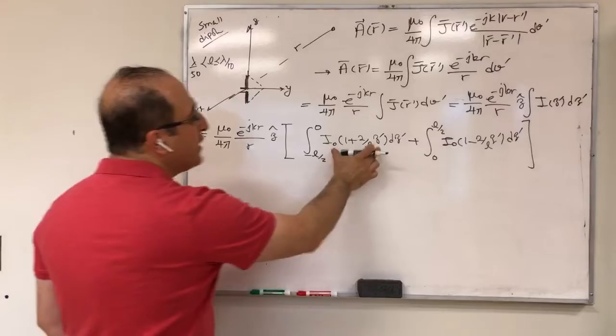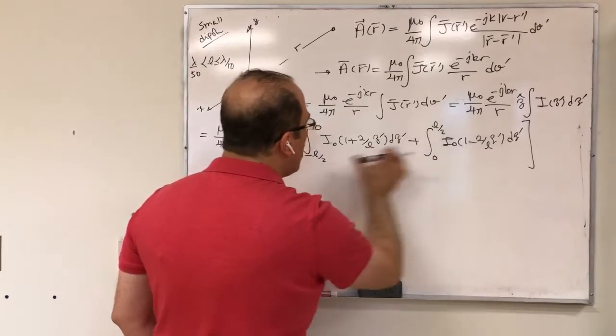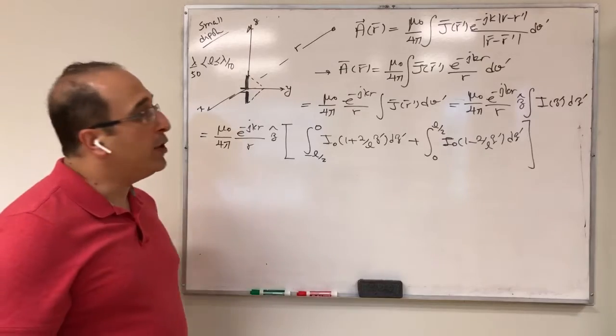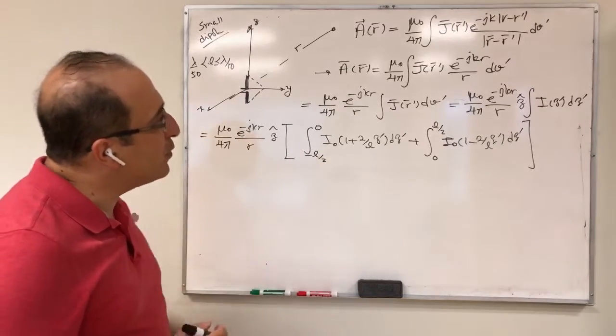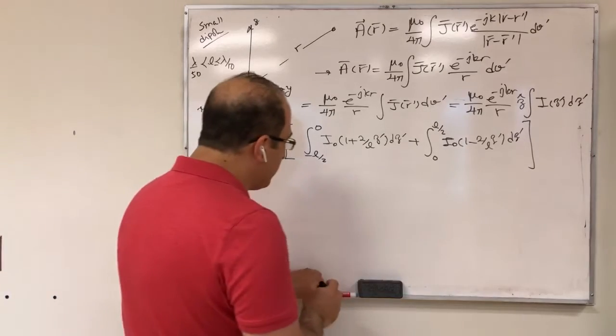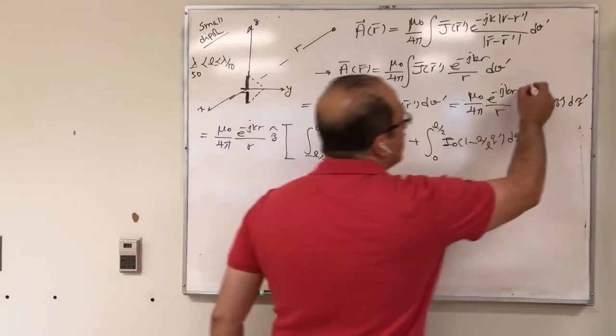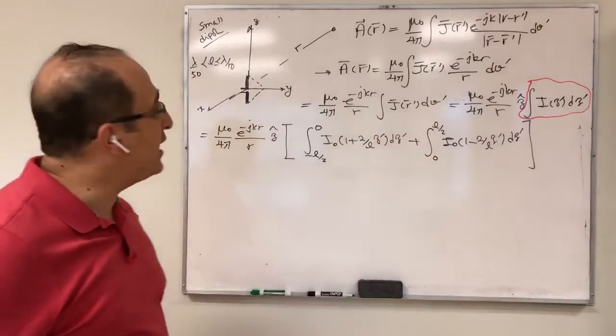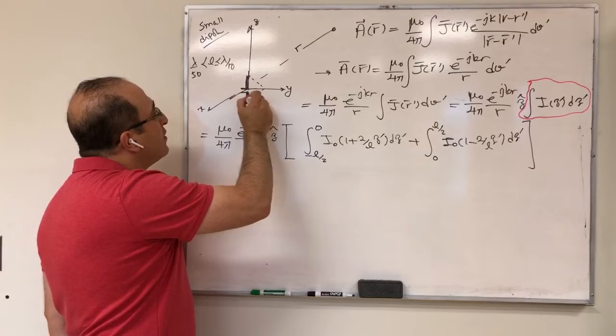So I had two expressions for current, top arm and bottom arm, and I can calculate it and find it. But do that for yourself. You could also notice something: what is the meaning of this integral here? The meaning of this integral is the area under this curve.